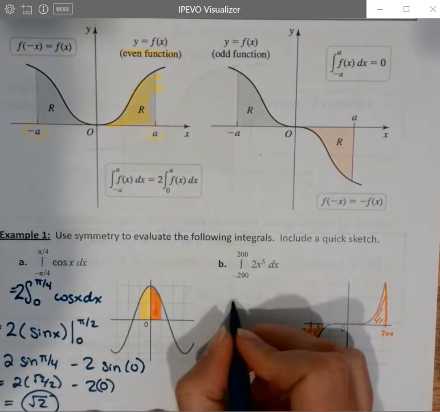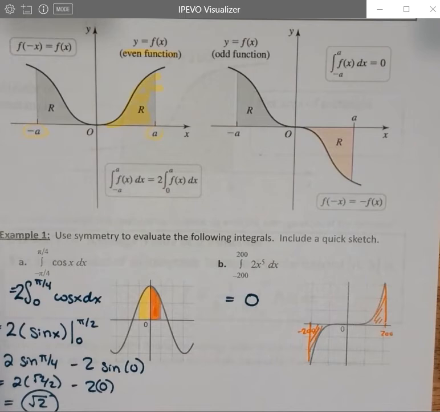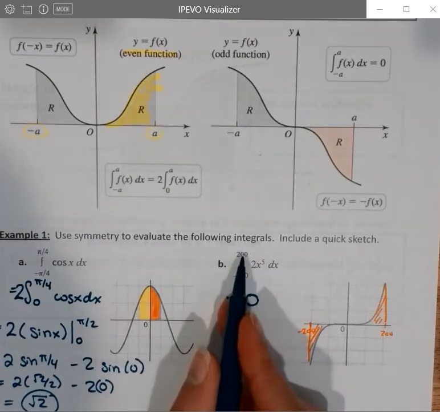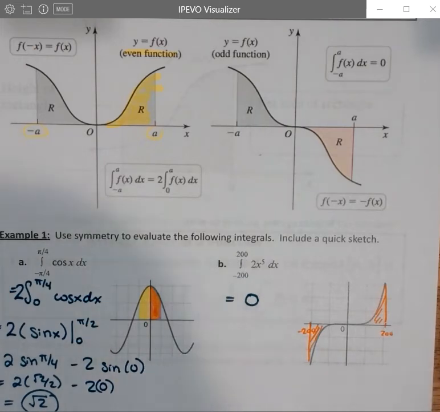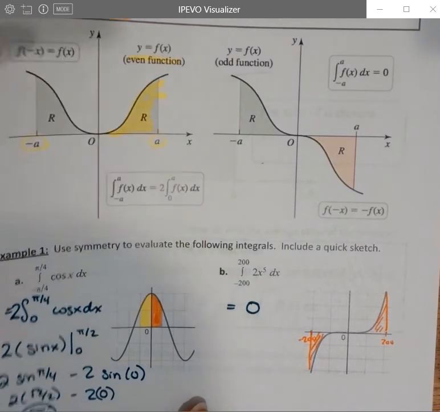And so because it's an odd function, this is going to integrate to 0. And I'm done. I don't have to do any integration work there. If it's an odd function, it's going to integrate to 0 over symmetric bounds. They have to be negative 200 to 200. I couldn't have done negative 100 to 200, although there are some ways you could split that up and use some properties. But right now, I want them to be exactly the same to be able to eliminate to 0.